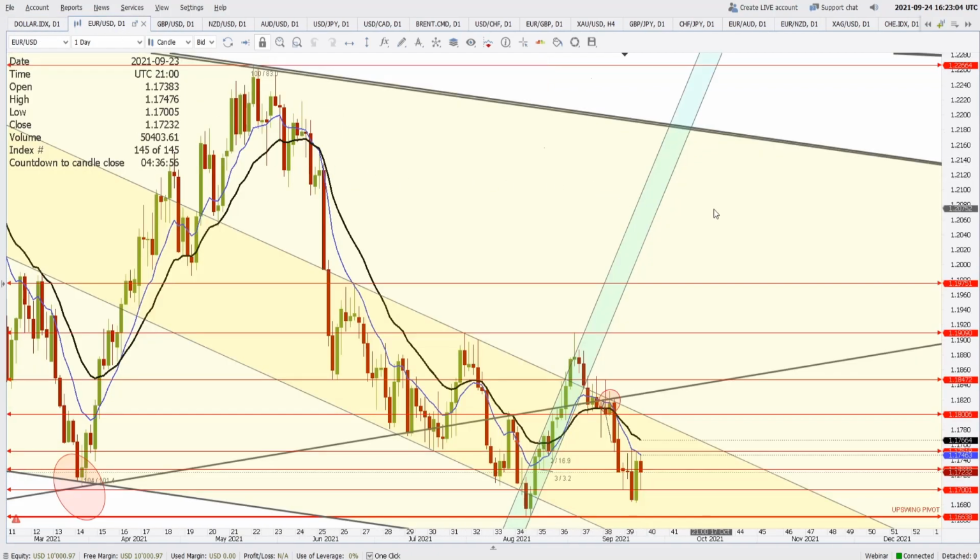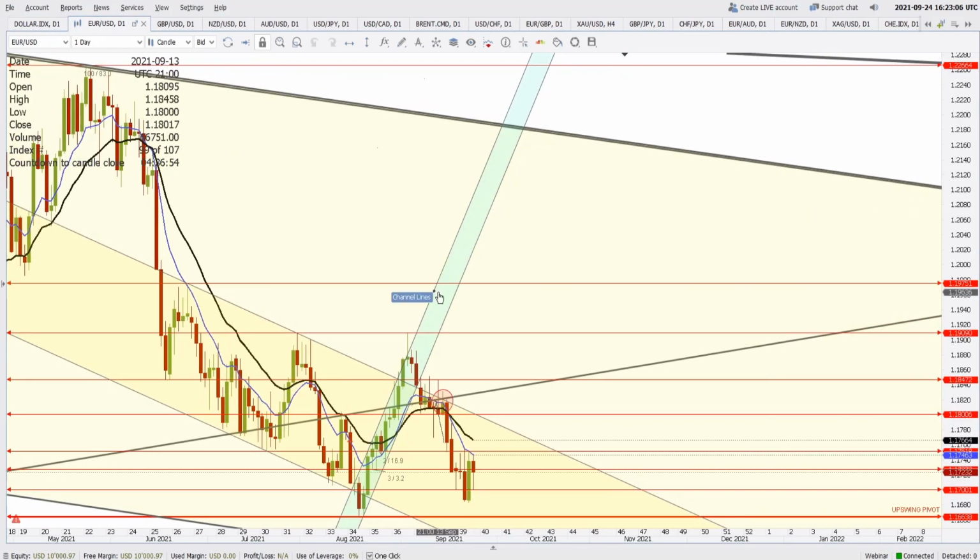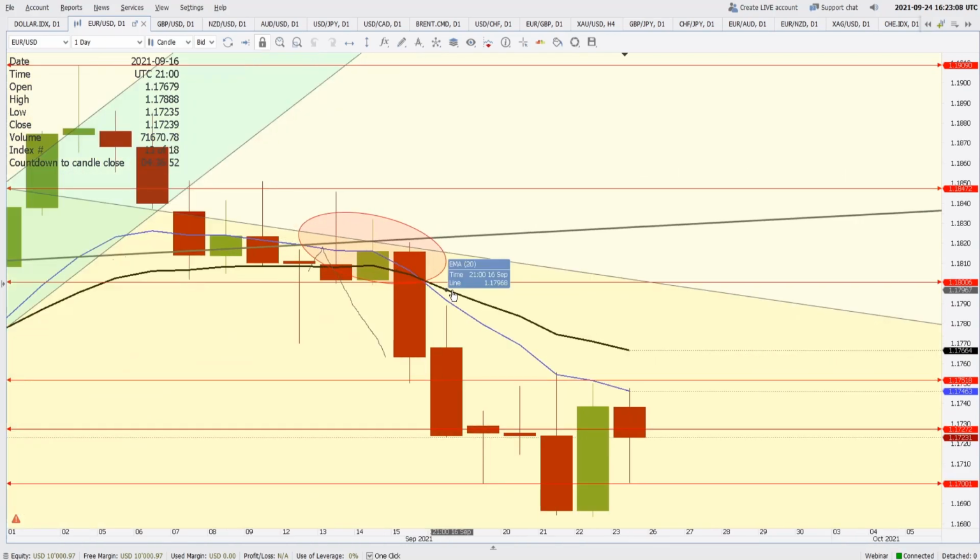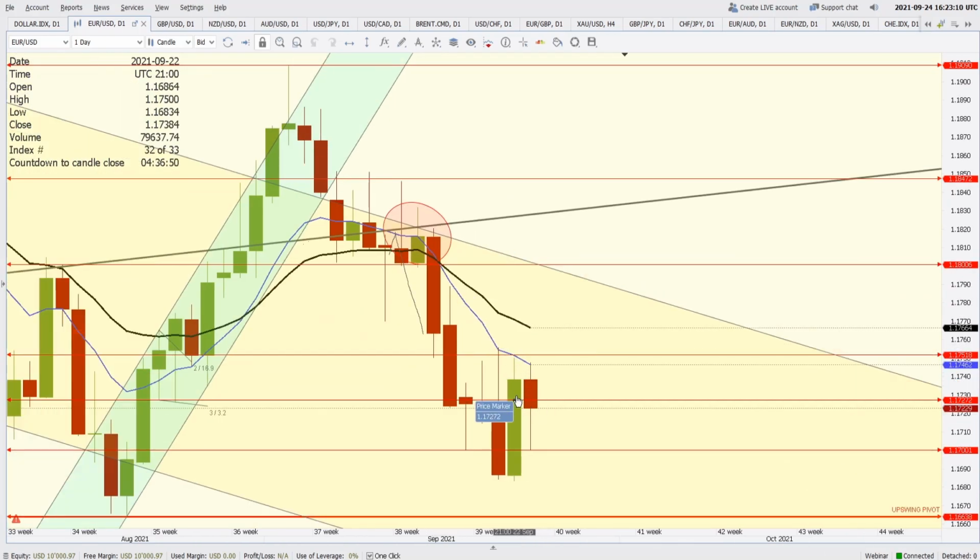Let us have a look at the euro against the US dollar. Till yesterday we were trading on this, at around the 1.1720 region, and about it we also discussed that if it fails to close higher than 1.1751, which we mentioned in yesterday's video title, then 1.1751 is still the resistance.